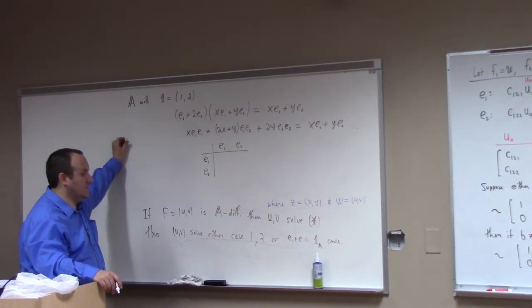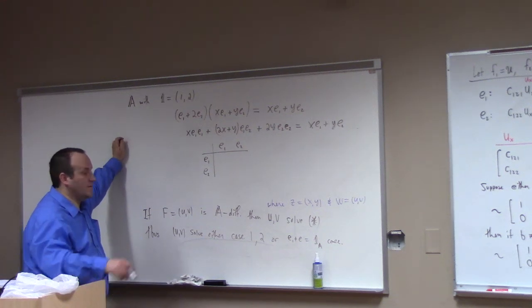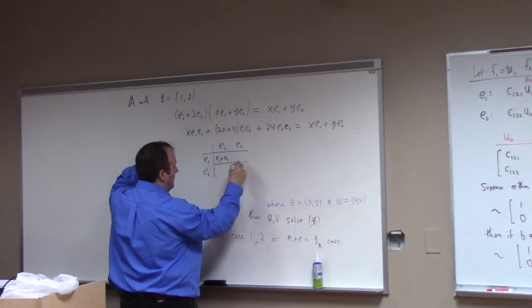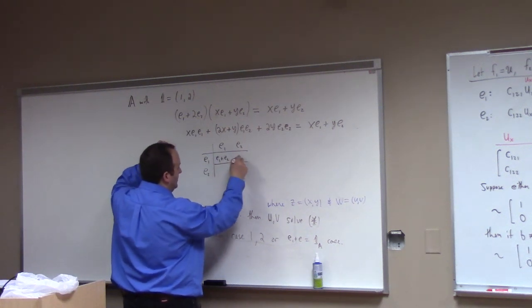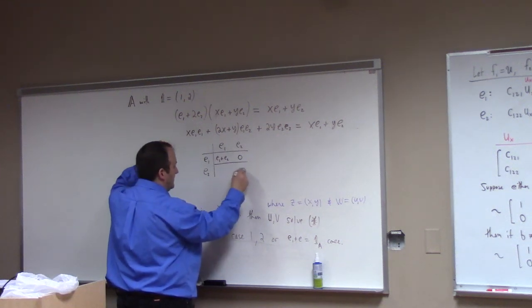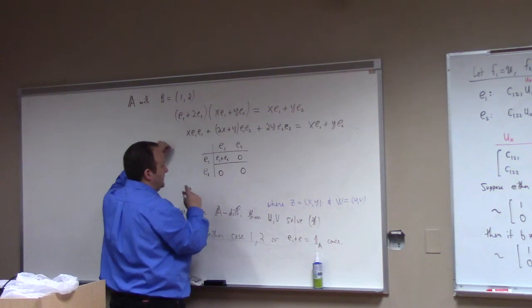So I suggest E1 times E1 to be equal to 1, 1. And E1 times E2 is 0. And E2 times E2 is also 0. Just like that.